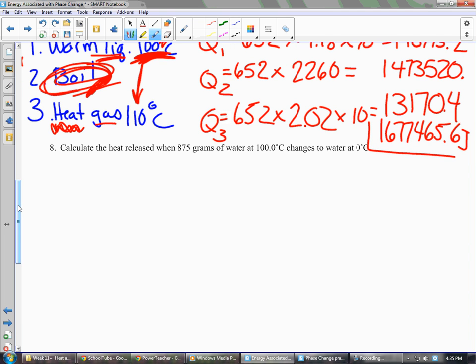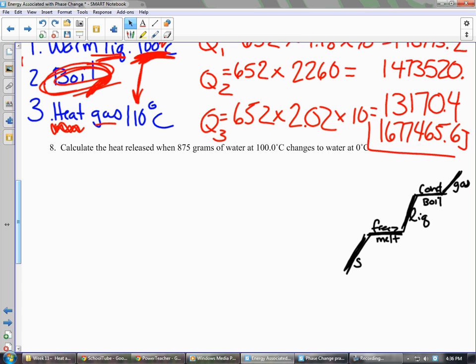So I'm going to show you, if this was my quiz, I would remind myself that we start off as a solid, and then we melt, or we freeze, and then we go up as a liquid, and then we boil, or condense, and then we go up as a gas. Okay, and again, we are changing temperature while we're in a state, and here we're changing state, so we're not changing temperature.